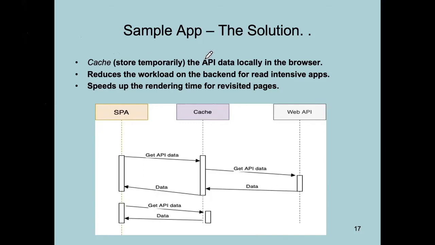In our case, we want to store the API data in the browser, so we don't have to keep re-requesting it. By doing that, we're reducing the workload on the server, because if you've got thousands of clients talking to the same backend and they're all requesting the same data over and over again, that puts a heavy workload on the backend. So having caching minimize the amount of communication with the backend reduces the workload on the server side.